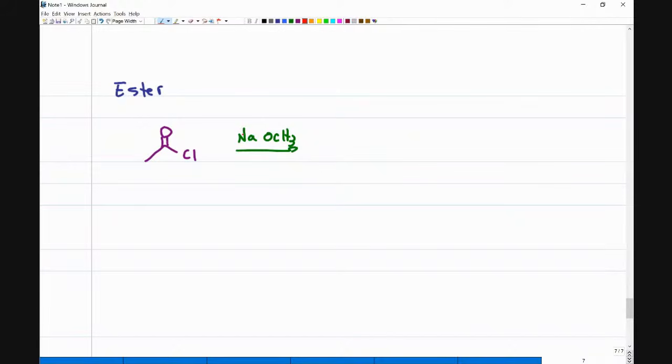What that'll do is, the Na plus is a positive spectator, get rid of it. The CH3O- is going to attack, kick the pi bond up. When it comes back down and kicks out the chlorine, very, very quick and simple reaction, I'm left with an ester. This right here, easy peasy, you are good to go.